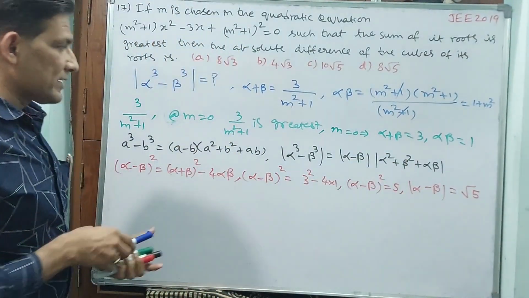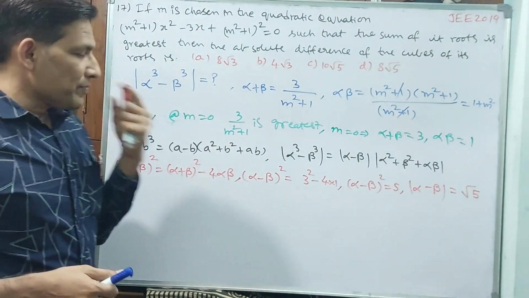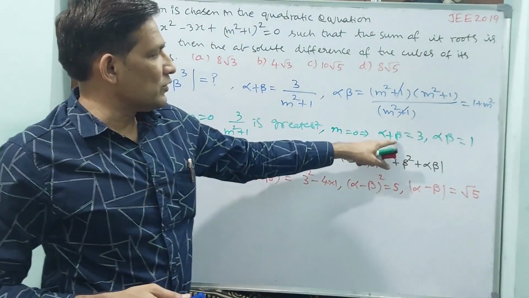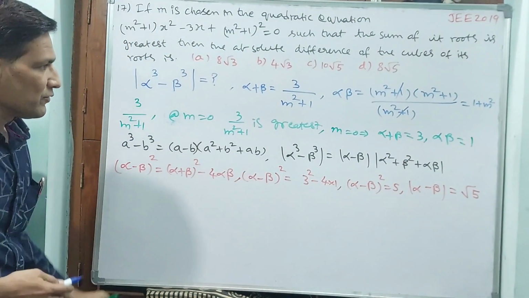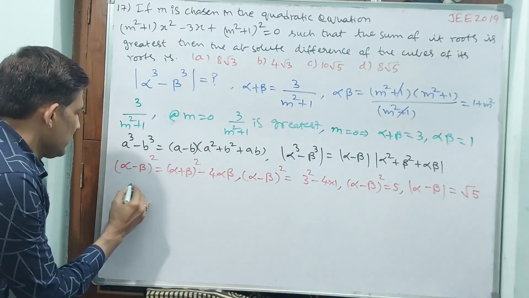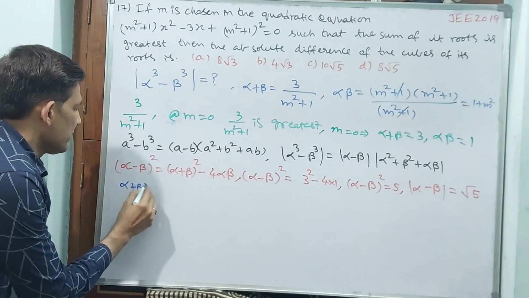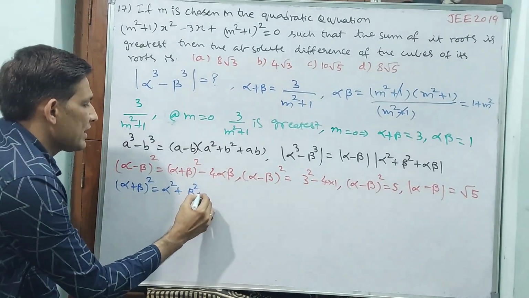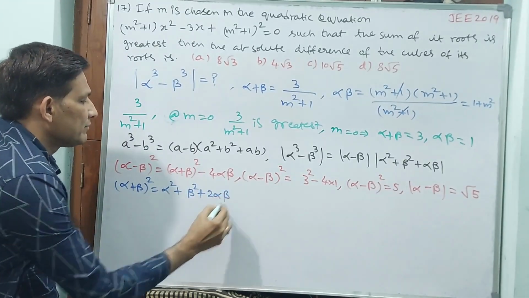Now you have to get that other value. Here you have alpha beta value, but how are you going to get alpha square plus beta square? Alpha plus beta whole square is equal to alpha square plus beta square plus 2 alpha beta.